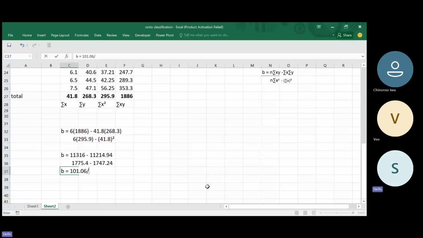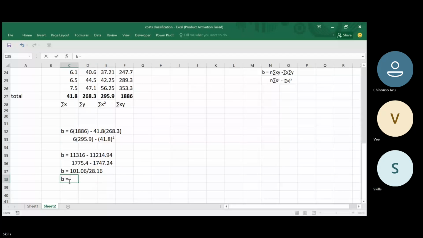One. 775.4 minus 1747.24 will give you 28.16. So B is equal to 101.6 divided by 28.16.